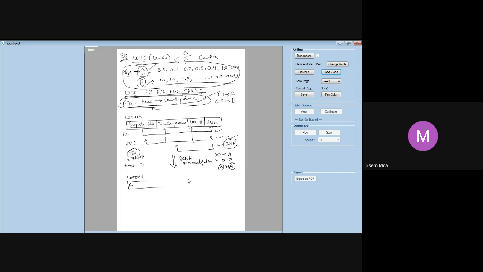I will put this as property ID, number, area, lot number. And then this one which violates my BCNF, I will take it in a different table. This is lots 1A, Y.